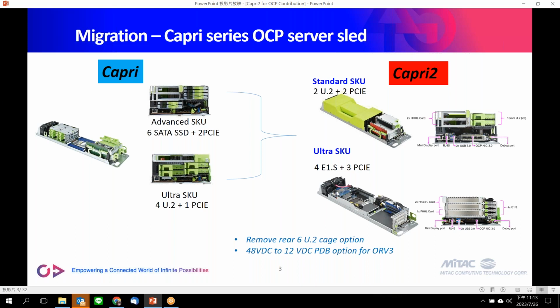But the space is limited, so we design in the E1.S for the ultra SKU to save space. So we will have more space for PCI cards and double wide GPU cards, as this picture shows.